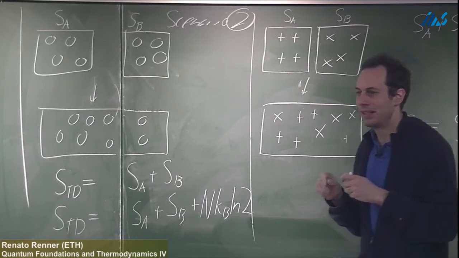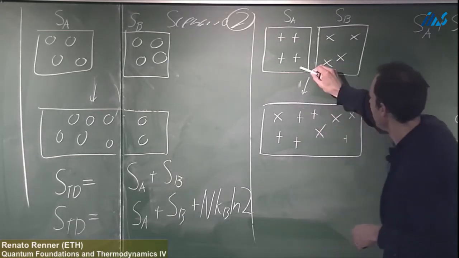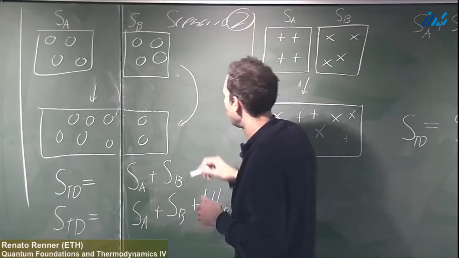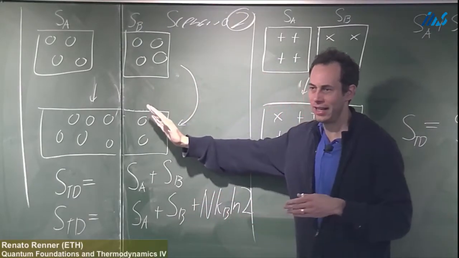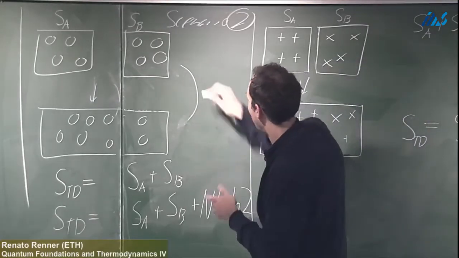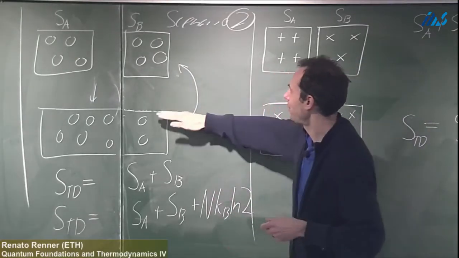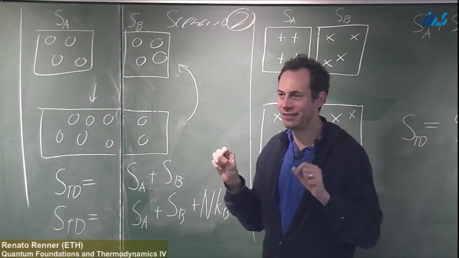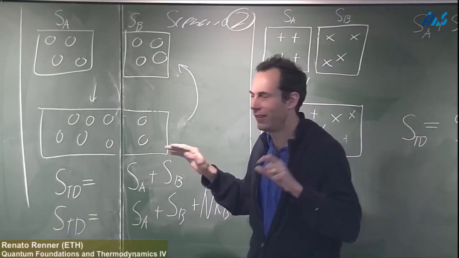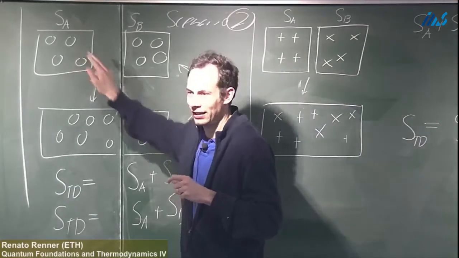Now, if we go from here to here, in both cases we don't require any energy. We just take out the wall. And now, let's go back here. The experimentalist here, and that's why I insisted he should never change his knowledge, will always be ignorant about which particle is which.